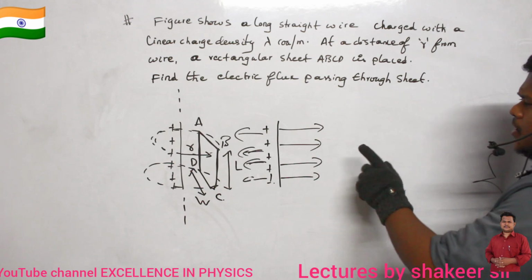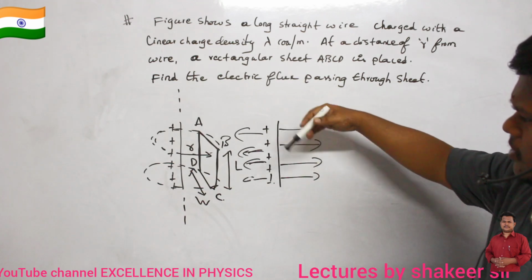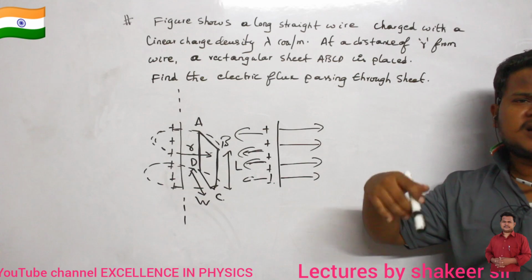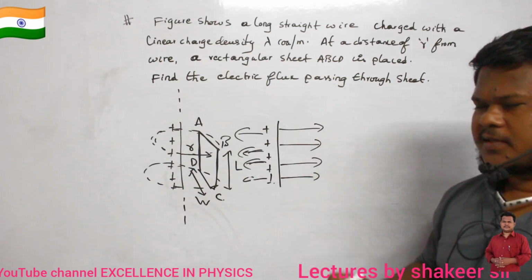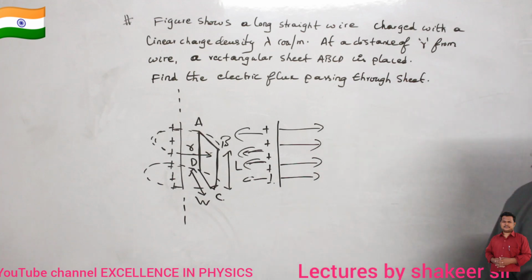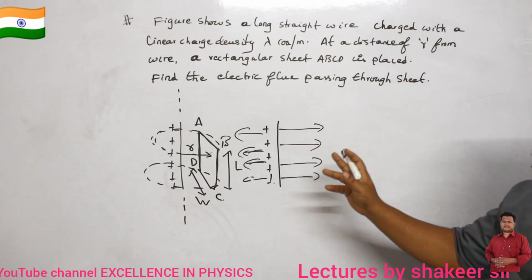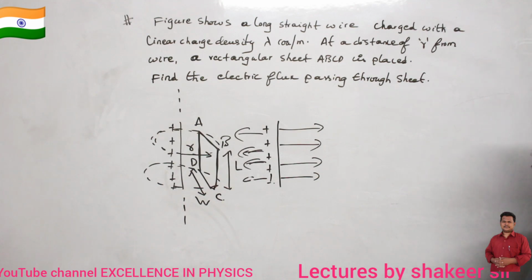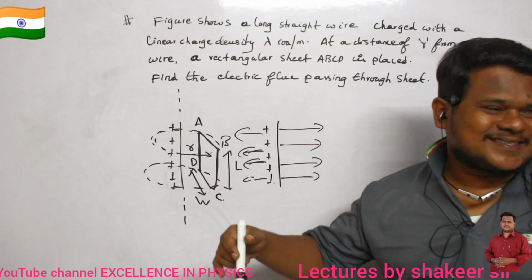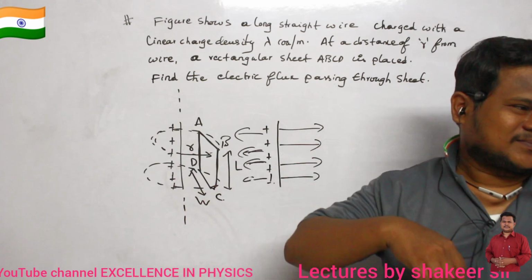Clear, no? And this line of charge, it will be giving electric lines in which direction? This thread of charge, in which direction? Can you see? X direction? No, it will be giving lines in every direction.